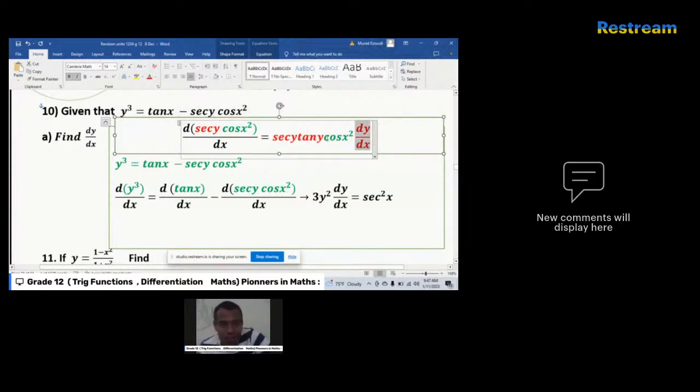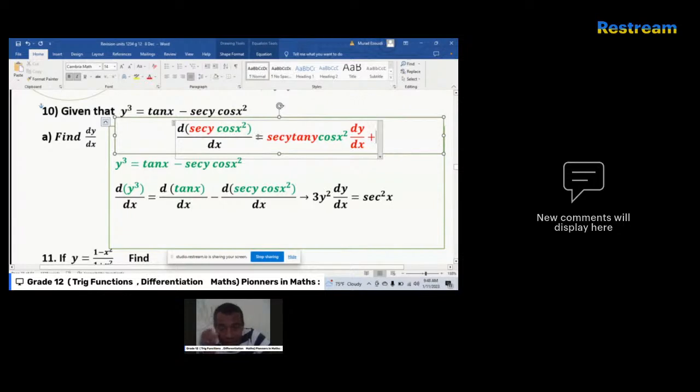Then plus what? As I just differentiated sec y and I keep cosine x squared as it is, now I make a plus. Plus I should keep sec y as it is, then I should differentiate this one.